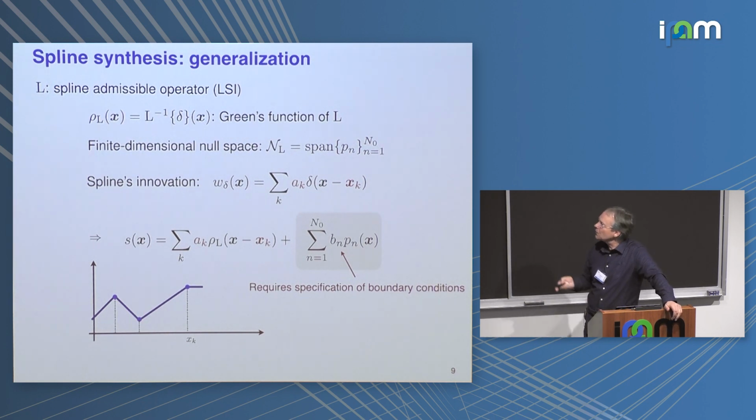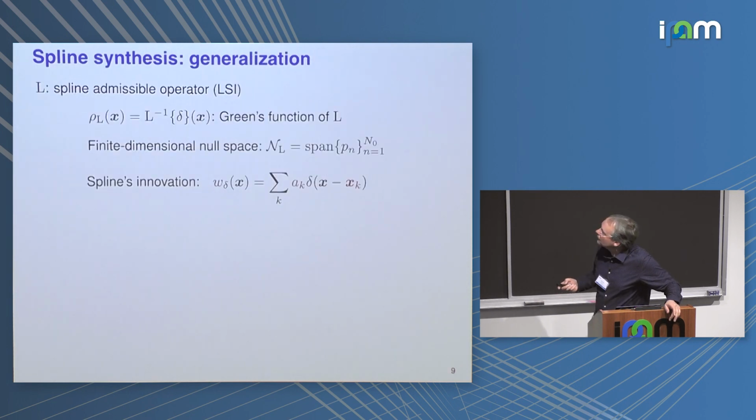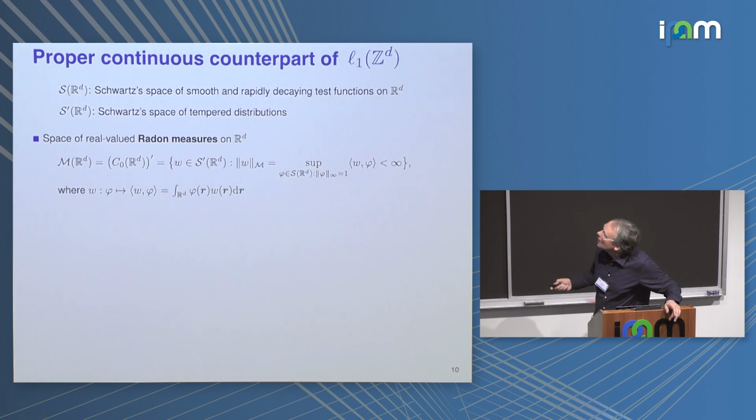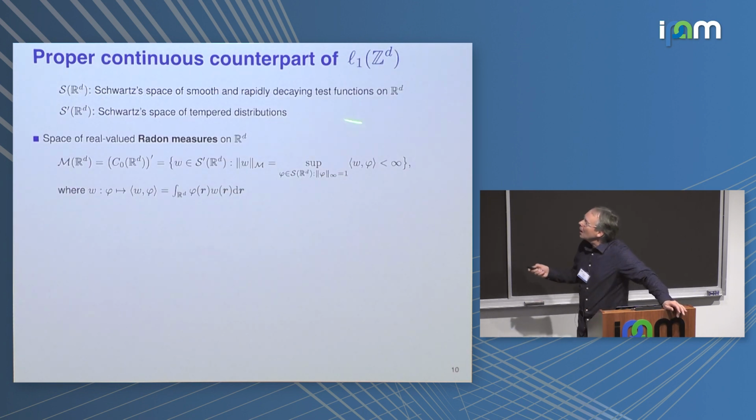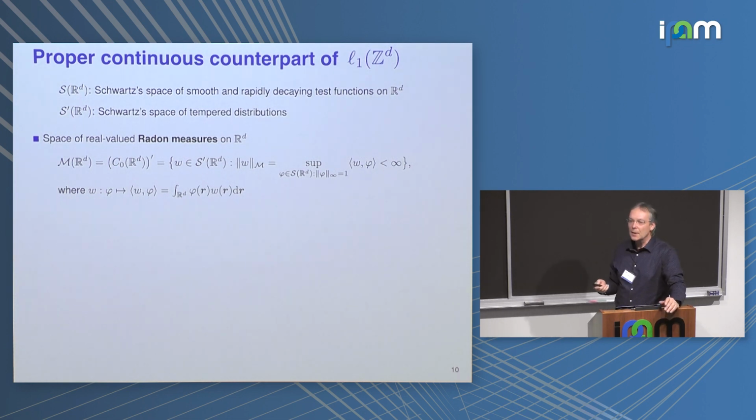So this technique is relatively general. It works for different kinds of operators. But now I want this theory of sparse representation. You know in the discrete domain, sparsity goes with L1.